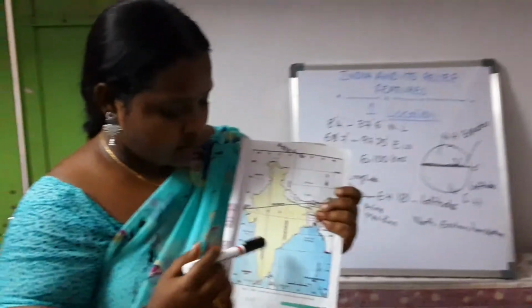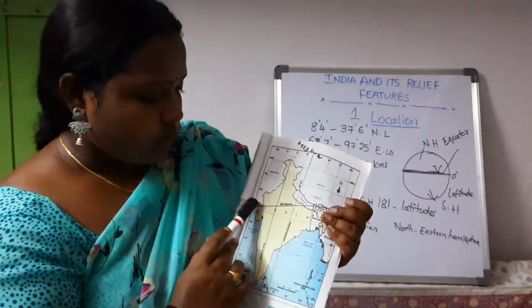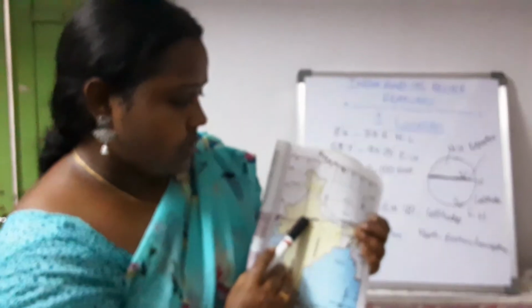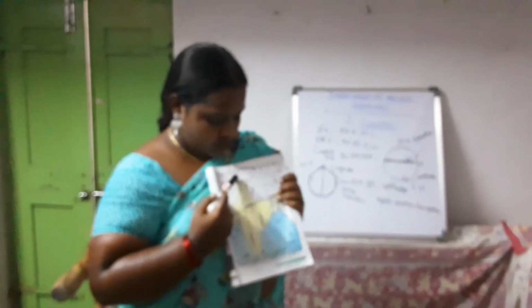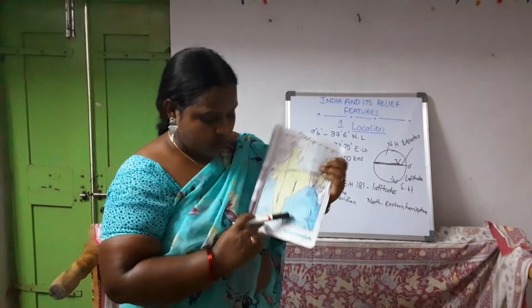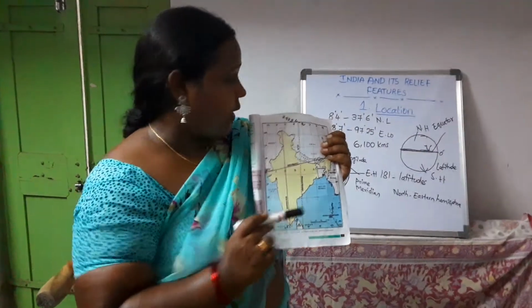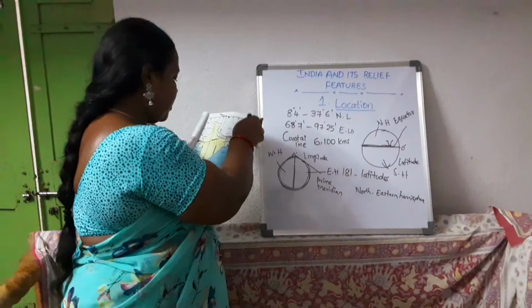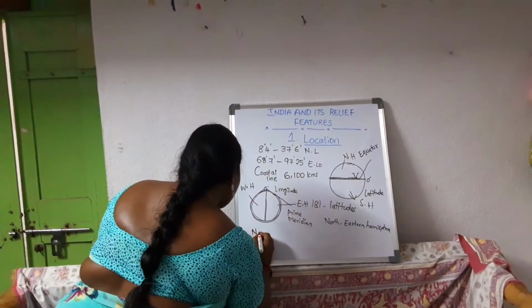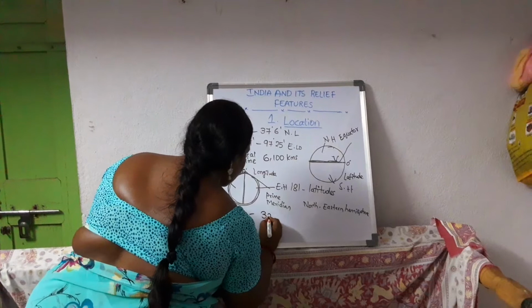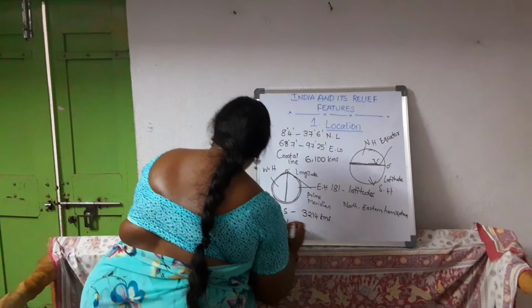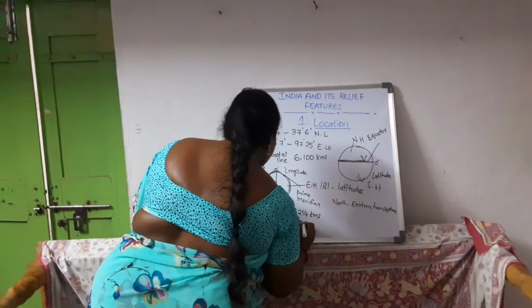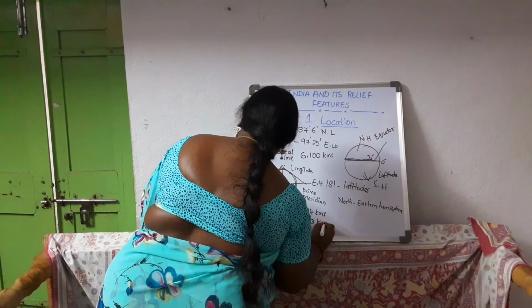You can easily see the distance of India from north to south is 3214 kilometers, and from east to west it is 2933 kilometers.